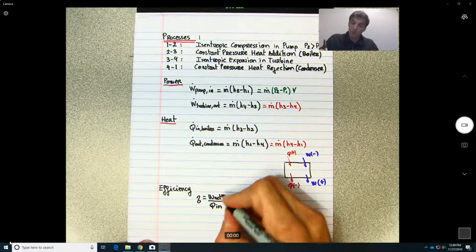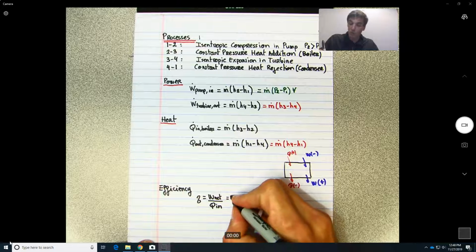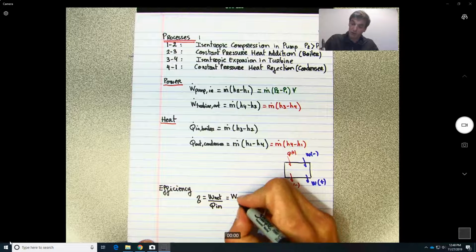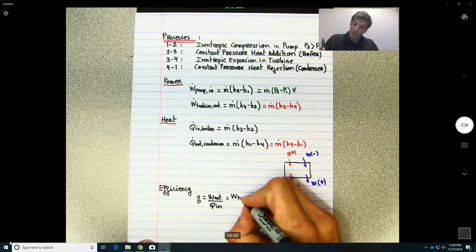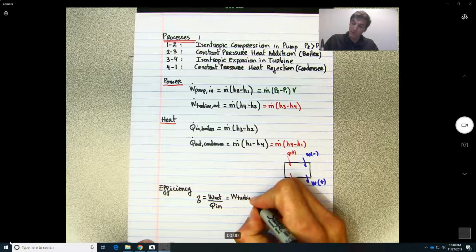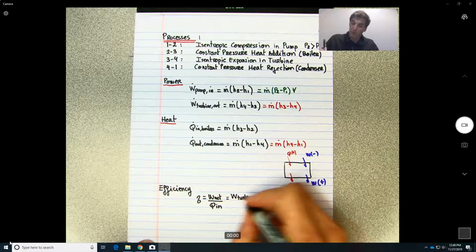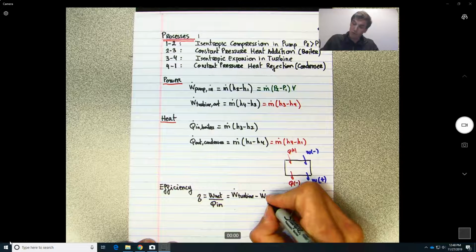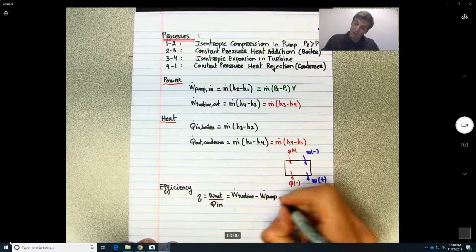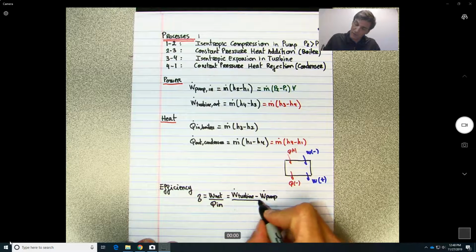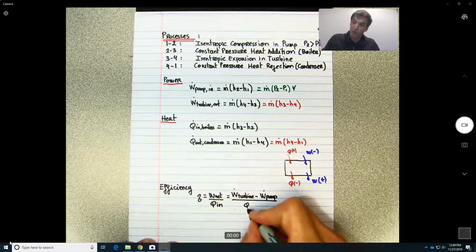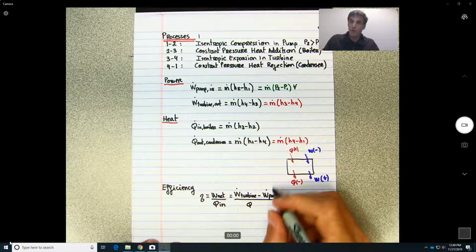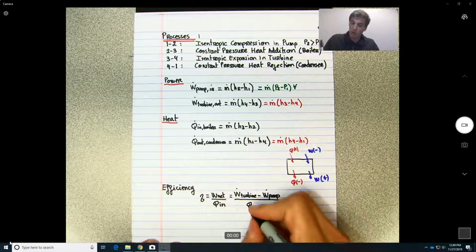So what you need to put in will be equal to the power generated by the turbine minus the power consumed by the pump, divided by the Q in put into the boiler.